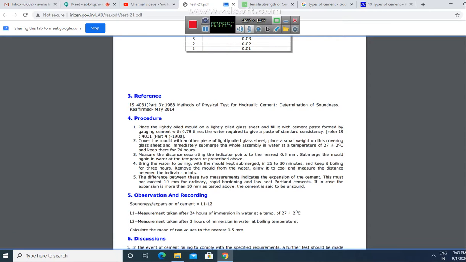Cover the mold with another piece of lightly oiled glass sheet. So the split mold is placed in between two oiled glass sheets.